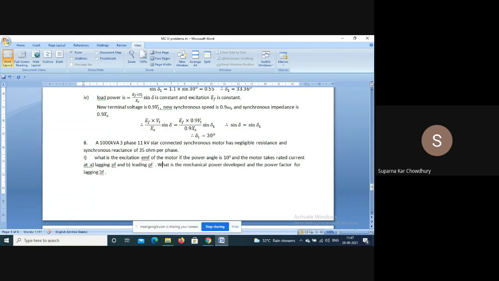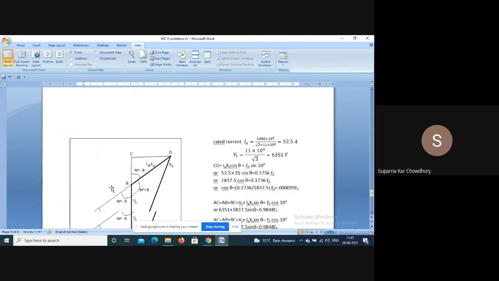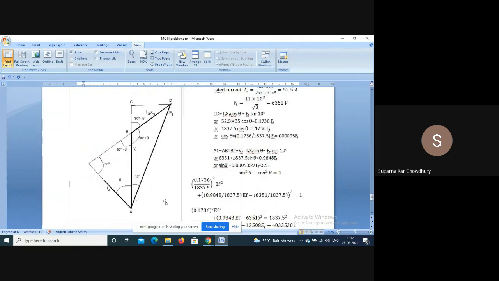For the power factor, we will calculate for both the cases, lagging power factor and leading power factor. So start with any of the phasors. So this one is for leading current. This is a motor. So Vt taking a leading current Ia at some angle theta. Resistance is negligible. So Vt plus jIaXs is equal to your EF.